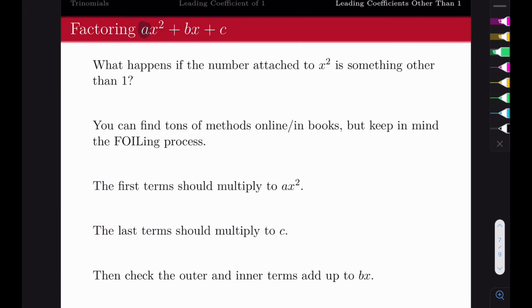But it's definitely more complicated. So I really think this educated guess and check is going to be much better for you in the long run. So you want to make sure those first terms give you the squared term. The last term gives you the last terms.